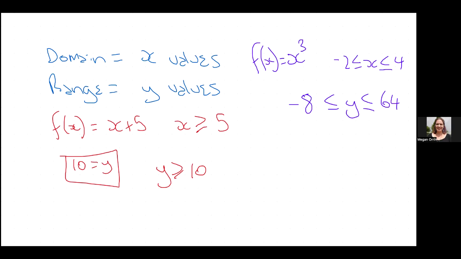Now, what happens is when we put multiple functions in the same thing, and I'm going to restrict each one and make them join up. I'm going to have one function to here, then I'm going to start with a new function and keep going. We're going to start seeing some new things. I'm going to have two different functions: 4 minus x, and 2x plus 1.